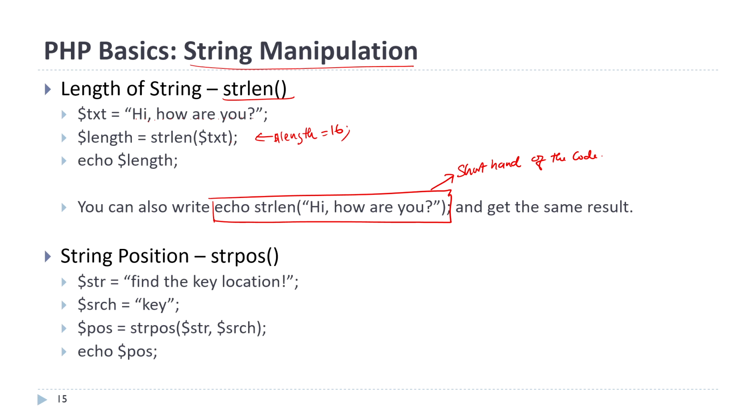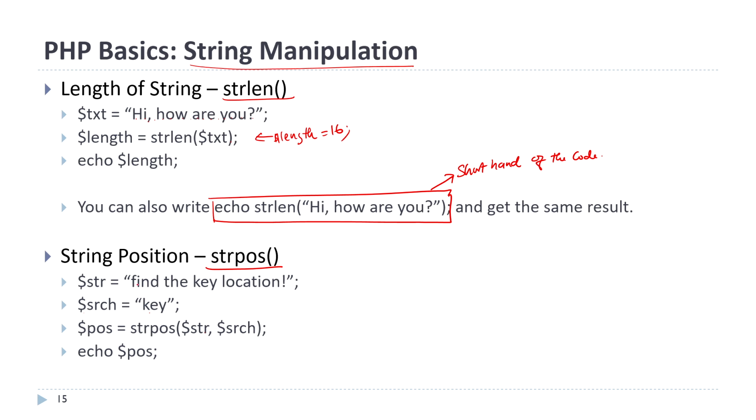Another example is strpos, string position. What strpos says is that it can find where a particular string is located. The $str is a string variable, where we find the key location, and the search variable is the key. So, I am saying $position is equal to strpos($str, $search). What it does is it finds which position the key is at.